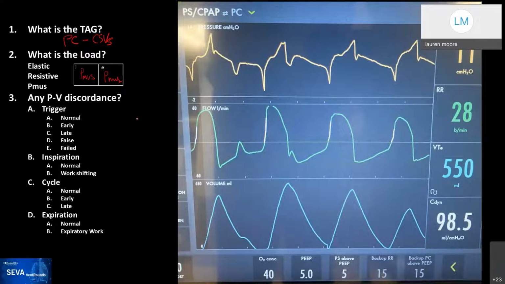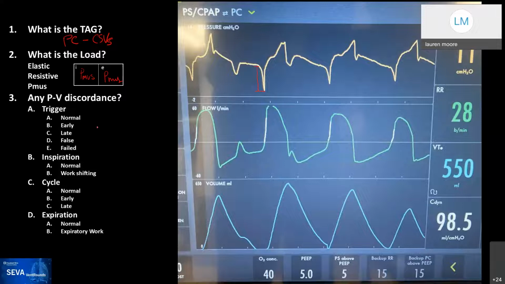Now, in terms of PV discordance, we can see that with the inspiration, there's a significant drop in pressure. It's flow triggered, but there's still a very significant drop in pressure. So it makes me wonder if there's any delay in the trigger, but it's happening almost at the same time. So I think it's just the effort that the patient is doing.